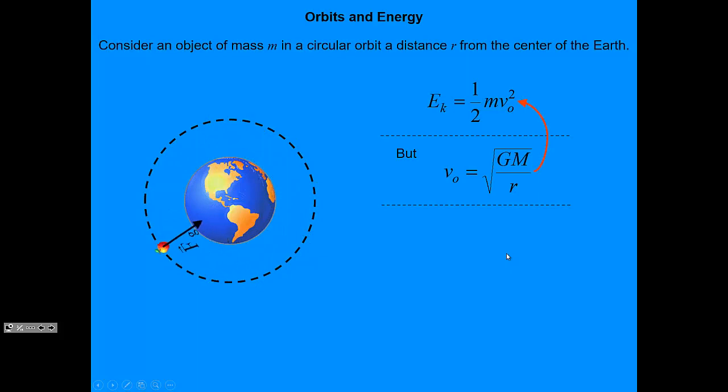If we plug that in for the orbital speed, and then square, we get a kinetic energy equal to big G, mass of the planet, mass of the object, all over 2r. So there's an expression for the kinetic energy of a circular orbit.